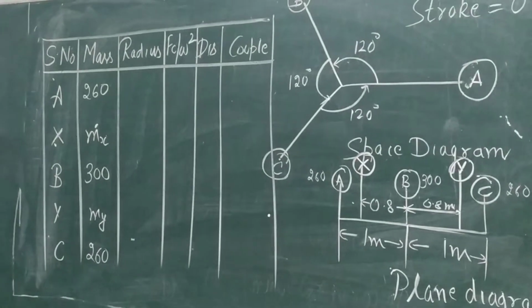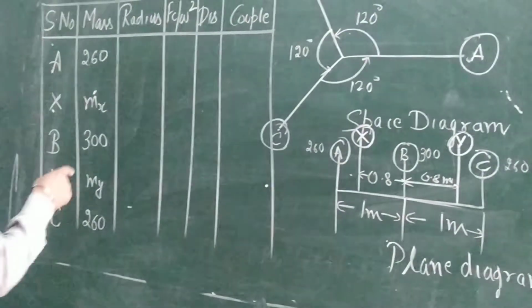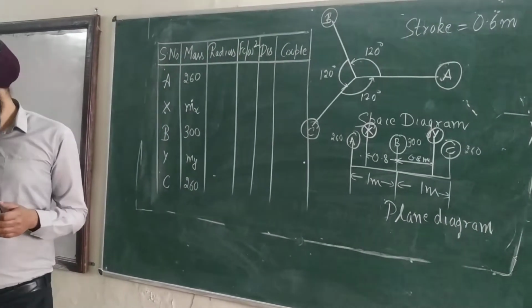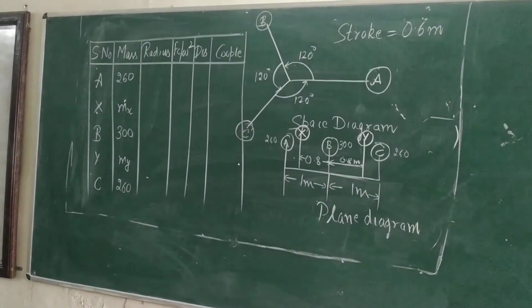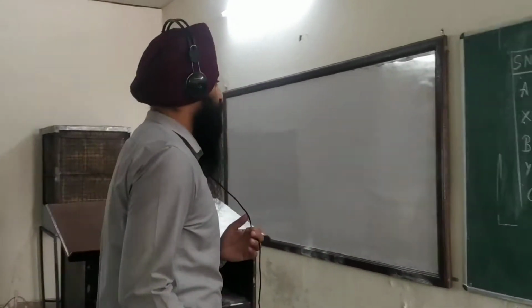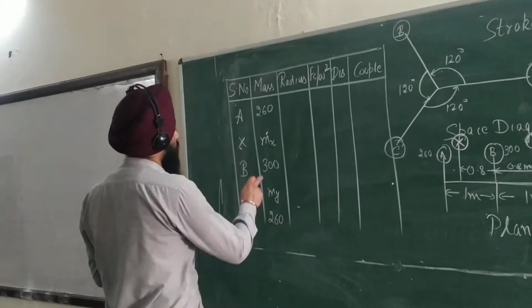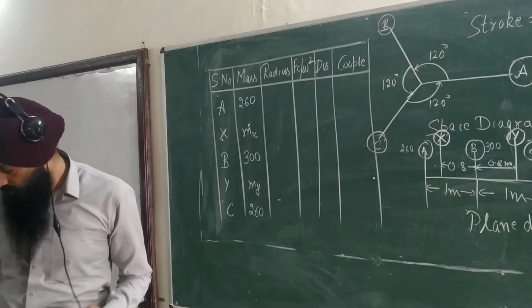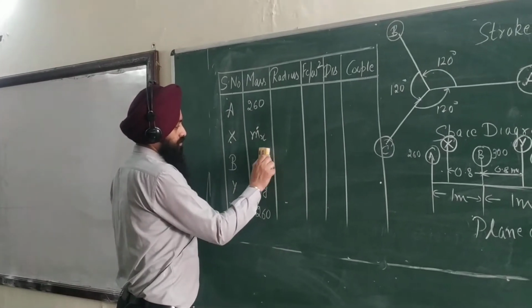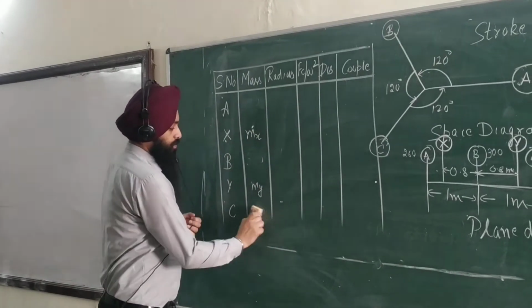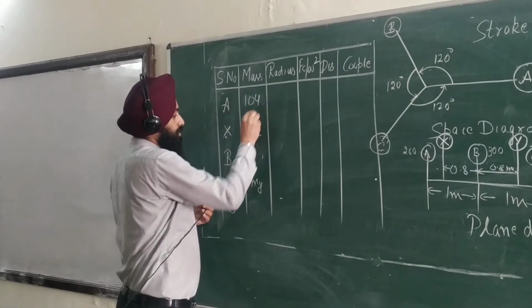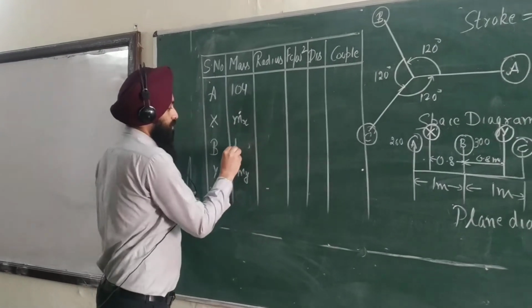What will be 40% of 260? And 40% of 300? It is 104 and 120.